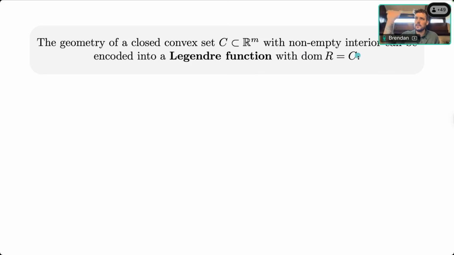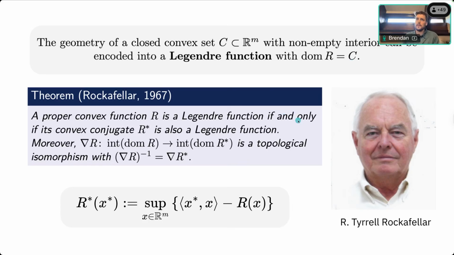So we take a convex set C, and our task is to find a Legendre function whose essential domain is equal to C. Now there's a theorem from Rockafellar in 1967 that tells you that a Legendre function's gradient is a smooth bijection, a diffeomorphism, between the interior of that domain, so the interior of your convex set C, and the interior of the domain of the conjugate function.